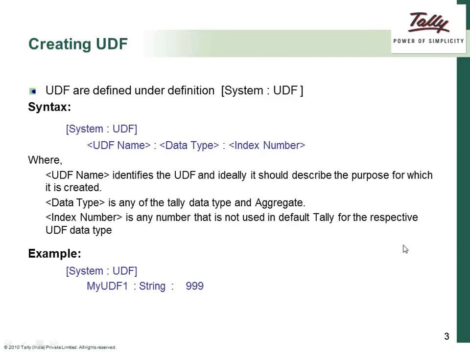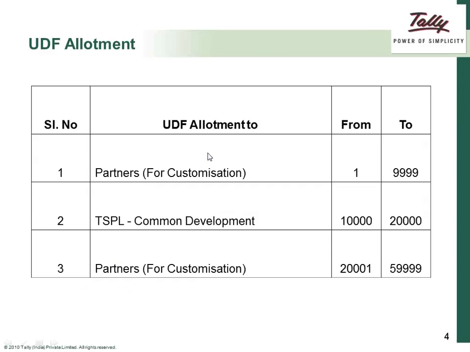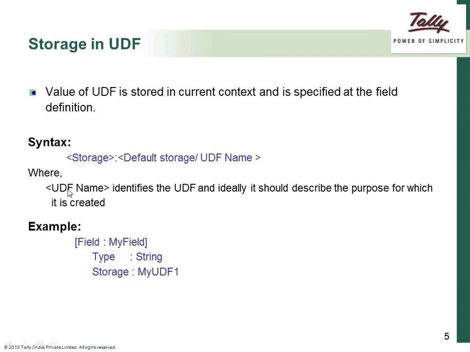So this is how I create a UDF. These are the allotment numbers that I have for my UDF, and this is how I store it in my data. The only thing I need to do is locate the right interface where I want to add a new field.